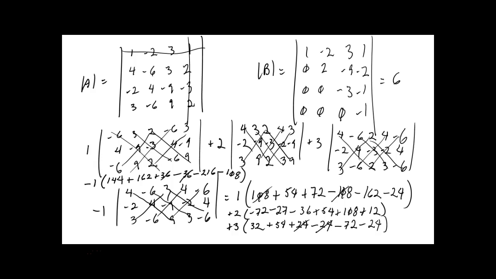So 54 plus 72 minus 162 minus 24 plus 2 times, open parentheses, negative 72 minus 27 minus 36 plus 54 plus 108 plus 12, close parentheses, plus 3 times, open parentheses, 32 plus 54 minus 72 minus 24, close parentheses, minus 1 times, open parentheses, 144 plus 162 plus 36 minus 216 minus 108, close parentheses, equals... what you get.